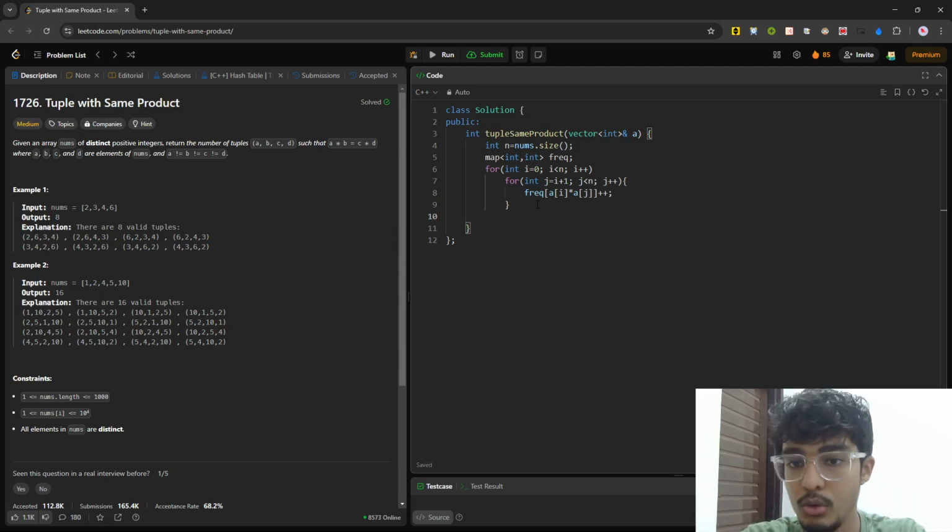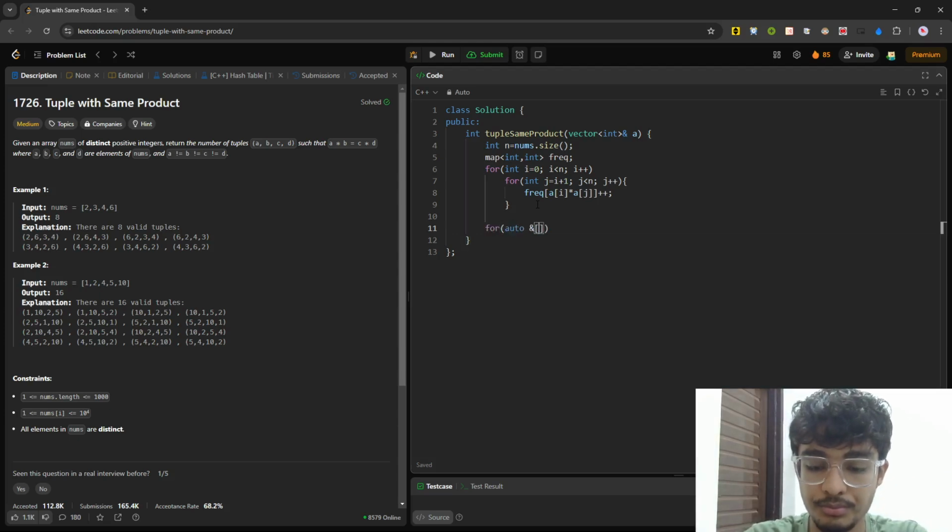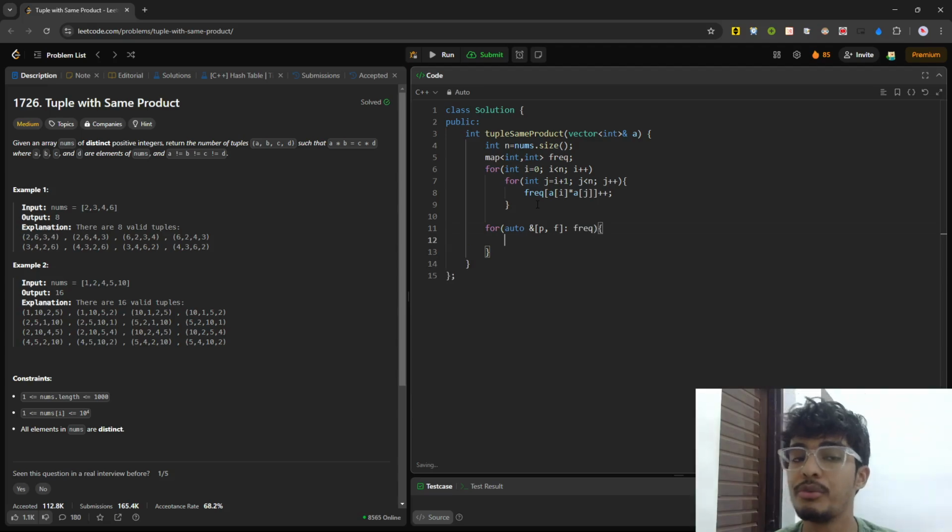Now what we need to do is iterate through all the products and their frequencies. If the frequency of any product is 1, which means that we cannot make any tuple out of it.